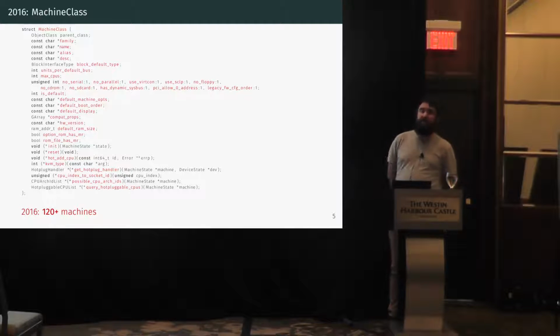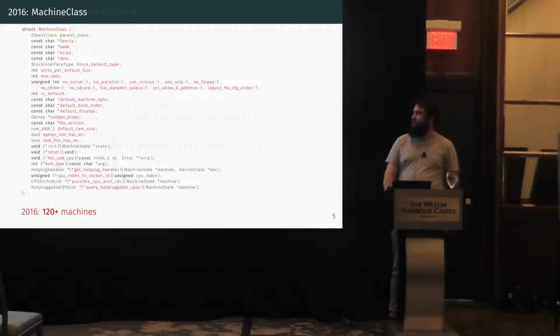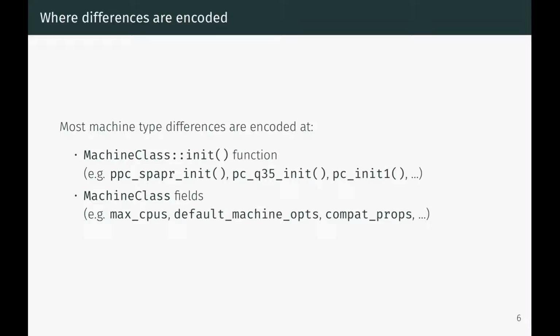And lots of things that were hidden inside the initialization function were moved to the machine class object, to help reuse common code for the same things across different machines, and to help expose additional introspection information to the outside. And today, this thing has grown. You have more than 120 different machines, and now we are going to see the effects of that growth.